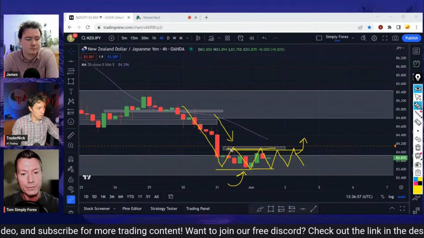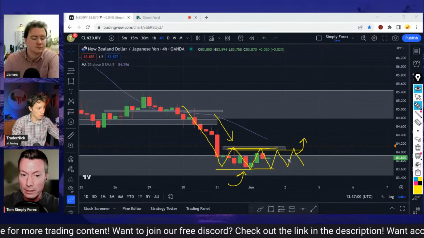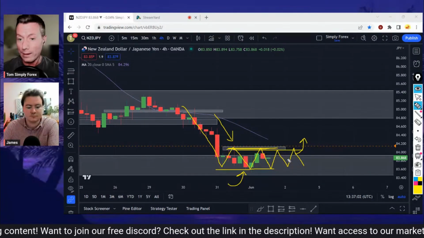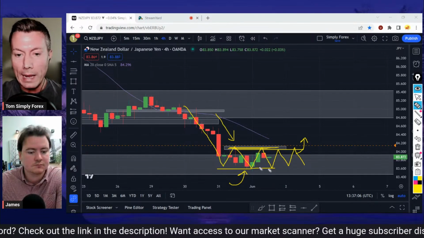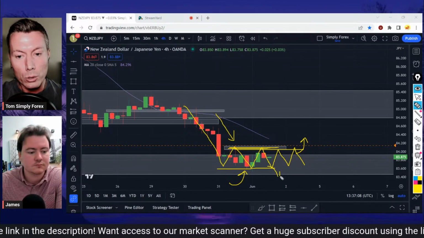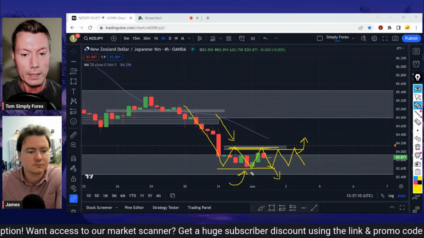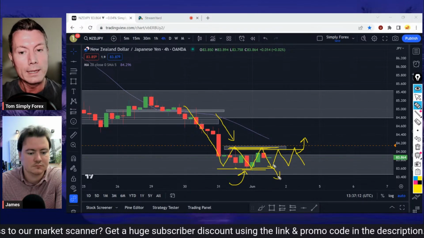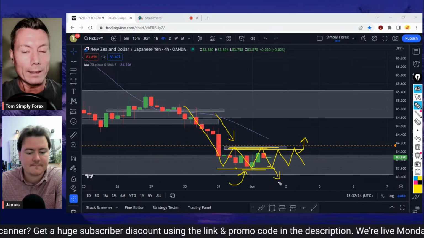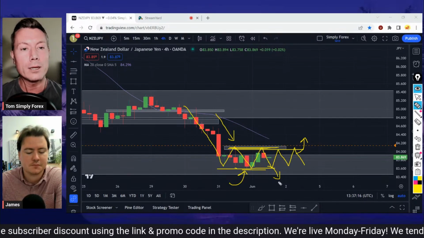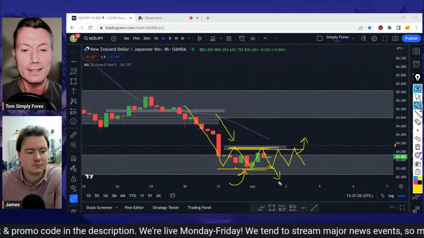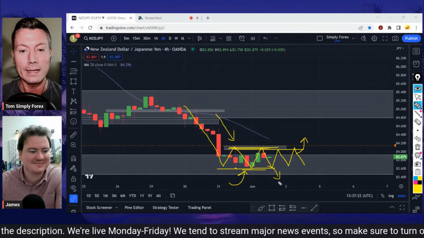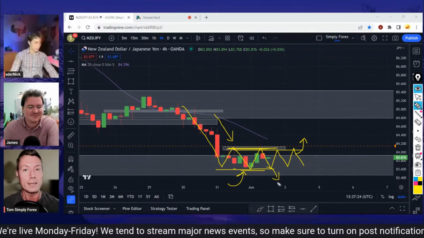We get a break of these highs in here. Buyers have won. I would start looking for buys. Whereas if we get a break down below this range, and a break of these lows, then sellers have won. So until I see whoever wins the fight to the death between buyers and sellers, I'm not interested until I see a winner.